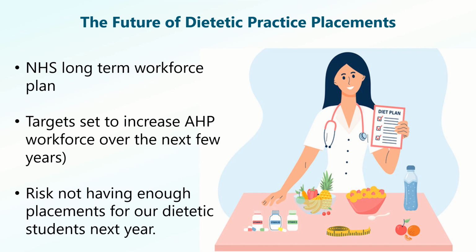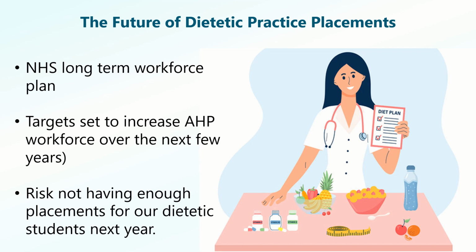And so that's really a big reason why a lot of our dietetic placements are adapting and changing a little bit, and why we're potentially looking at utilising new models, so things like our peer-assisted learning model and our CLIP model, our collaborative learning model, to try and allow placement providers to take on more students but without putting additional pressures onto your teams.